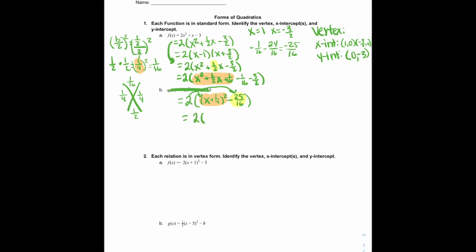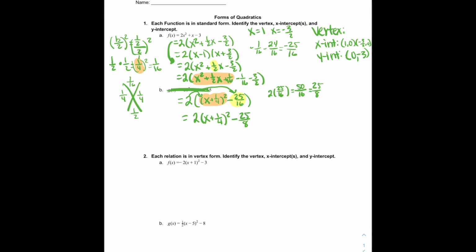So I'm going to have 2 times the first term, x plus 1/4 squared. And then I have 2 times 25/16, which I think you guys are all going to look at this and think 50/16, which then simplifies to 25/8. So we have minus 25/8.